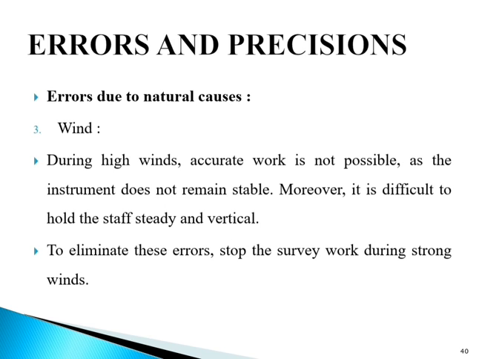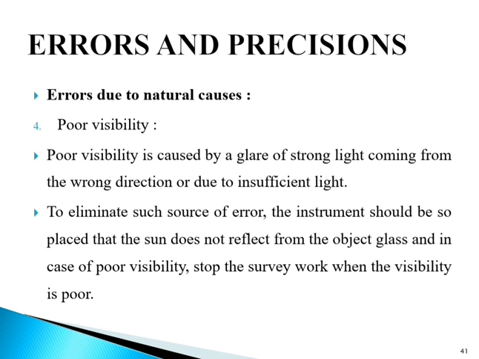Next is wind. During high winds, accurate work is not possible as the instrument does not remain stable. Moreover, it is difficult to hold the staff steady and vertical. To eliminate these errors, stop the survey work during strong winds. Next is poor visibility.